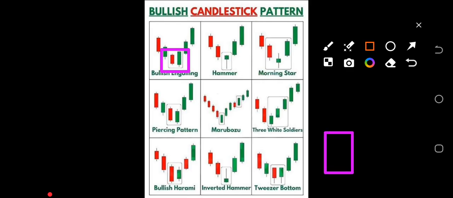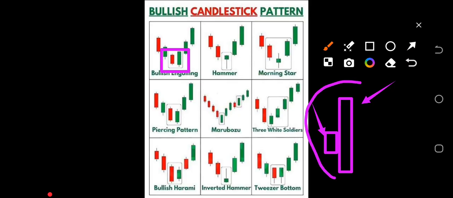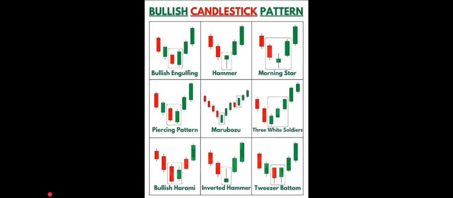Let's say this is a bearish candlestick, and then we have a bullish candlestick that appeared by the side of it. This particular candle has completely overshadowed this small candle here. That's why we call it an engulfing candle. It totally engulfs or covers it.